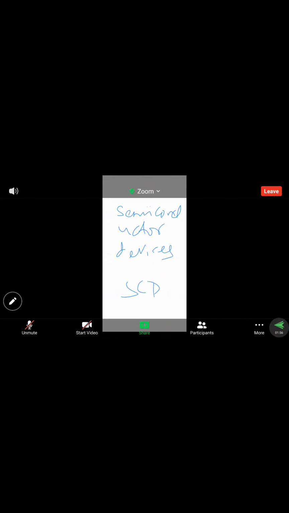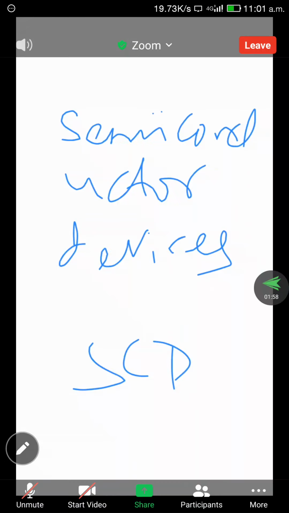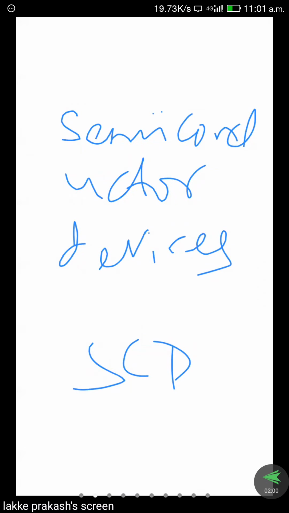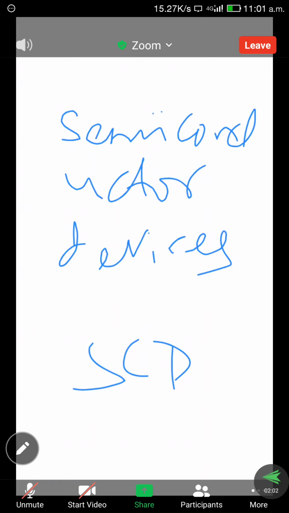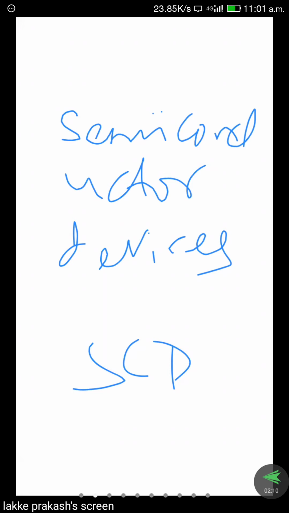What is the volume of the first generation computer? Then what is the size? Sir, big size, sir. Big size. Yes, okay. After that, the size is reduced. In each and every generation, size is reduced in your computer systems and any other electronic equipment.